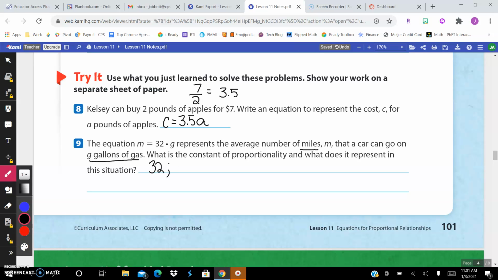Well, G is gallons of gas. So if we had 1 gallon of gas, we would do 32 times 1. And that would tell us how many miles we could go. So this 32 means how many miles per gallon that this car could go.